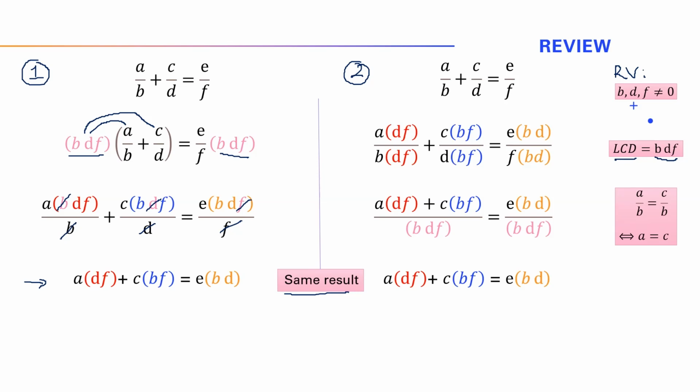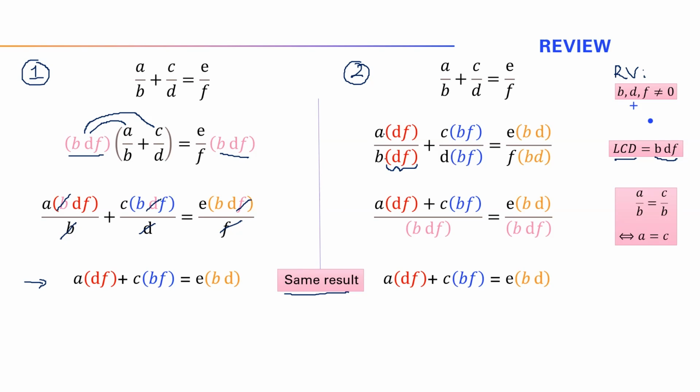For the fraction A over B, it only needs the factors D and F. So I multiply D and F on both the denominator and numerator of the first fraction, A over B. We multiply the same thing on the top and the bottom, so it doesn't change anything; if we cancel the DF on the top with the DF at the bottom, you will go back to A over B.